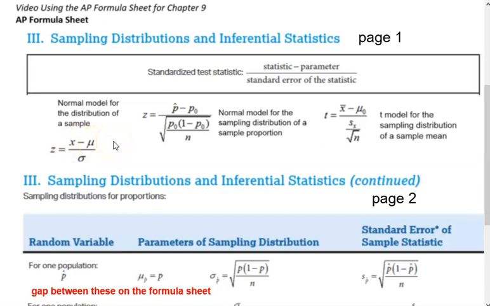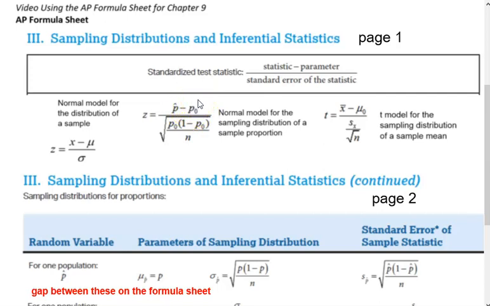Now when we deal with sampling distributions, the sampling distribution of the sample proportion or the sampling distribution of a sample mean, then the formula becomes a little more complex, but it's the same basic idea. So instead of taking an individual value and comparing it to the population mean and seeing how many standard deviations it was from the population mean, I'm taking a sample p hat and seeing how far away it is from my population parameter.